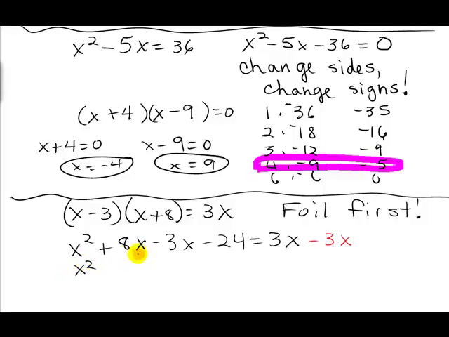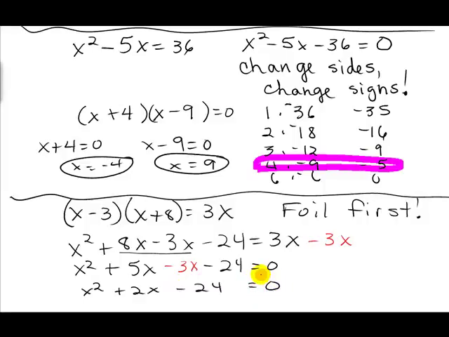Oh, it might be easier to go ahead and combine this first. Let's do that. Plus 5x minus the 24. And we'll go ahead now and subtract that 3x. X squared plus 2x minus 24.